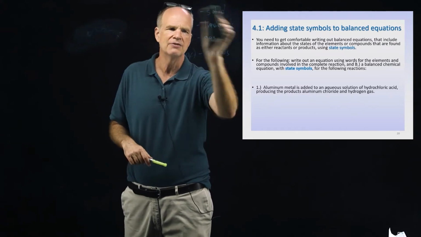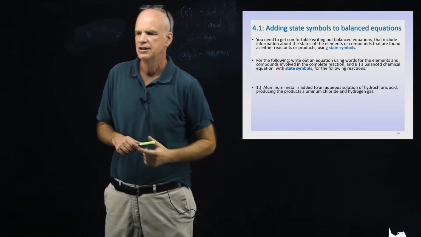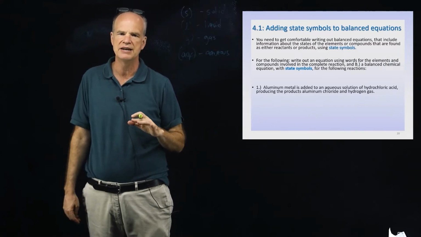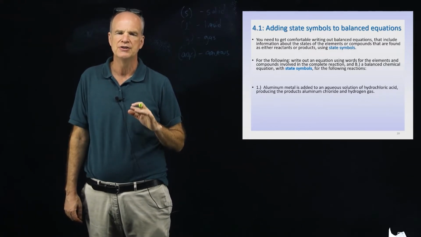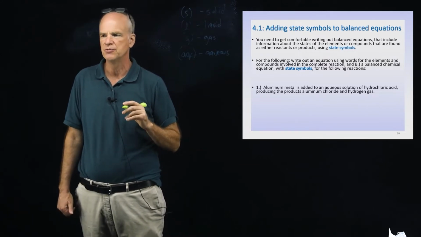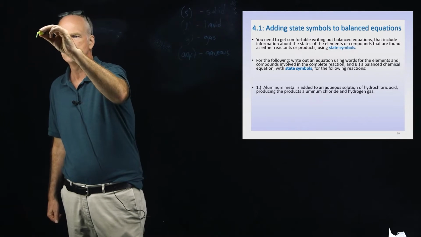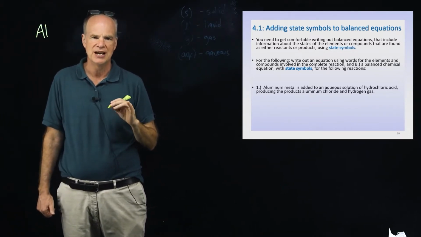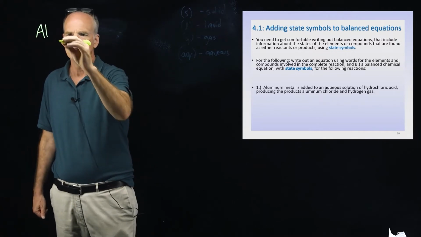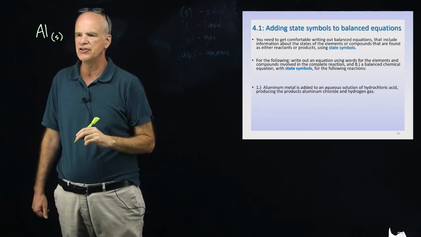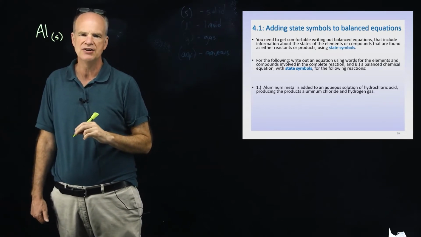So again, we have that word equation there, and I'm going to take that and write a chemical equation. When I write it, it will not be balanced. And also I want to include state symbols. So we have aluminum metal, so we have Al. If it's a metal, you can probably guess it's in the solid state, so we would indicate that by putting (s) there. And it says it's added to aqueous hydrochloric acid.